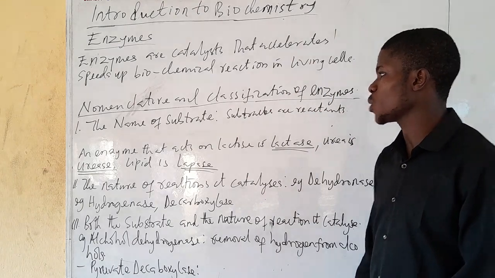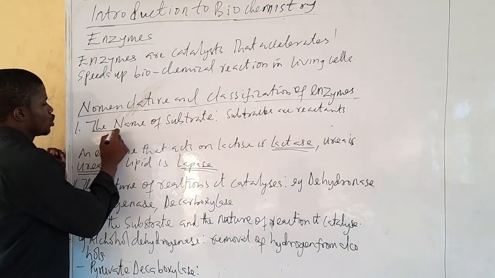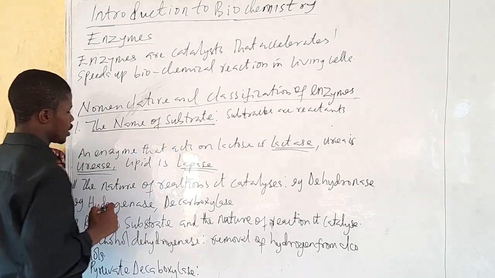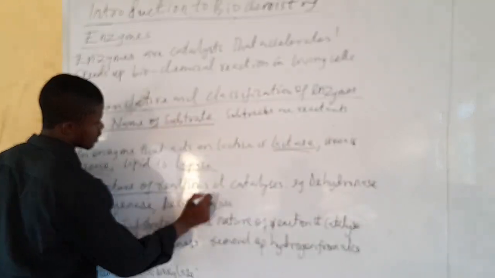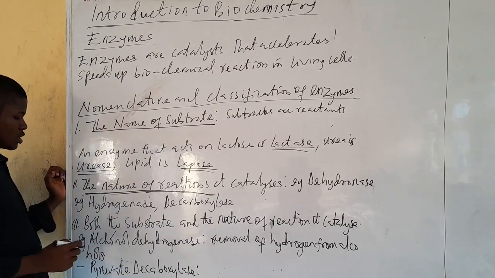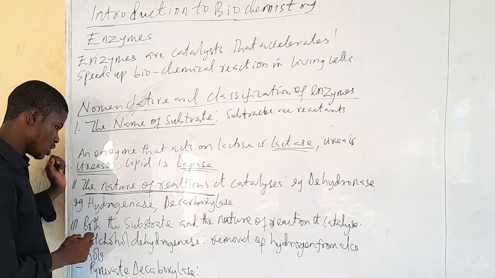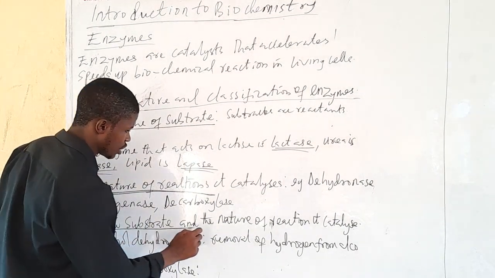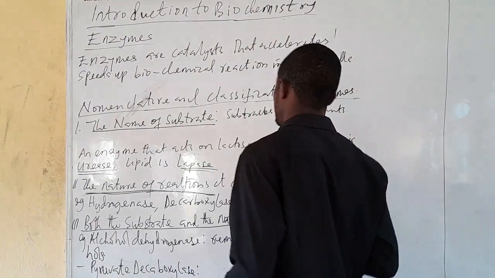The first is the name of substrate. The name of substrate can be used to give a name to an enzyme. The second is the nature of reactions that the enzymes undergo. And the third is both the substrate and the nature of reactions it catalyzes.